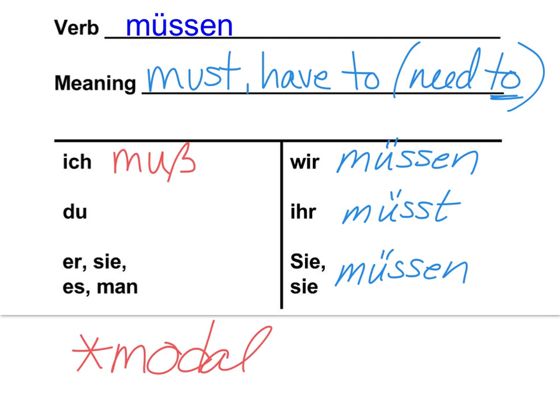Muss, like the animal. What's er/sie/es going to be then? Muss. Now we've already got an S at the end of the word, so we're not going to add an extra one. So for du, we're just going to add the T. So musst.